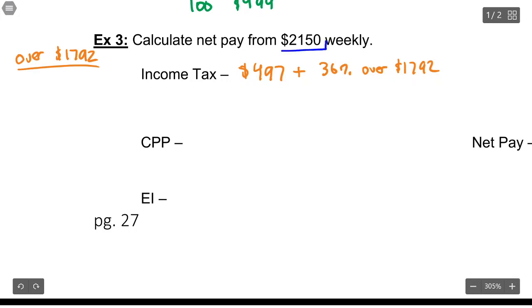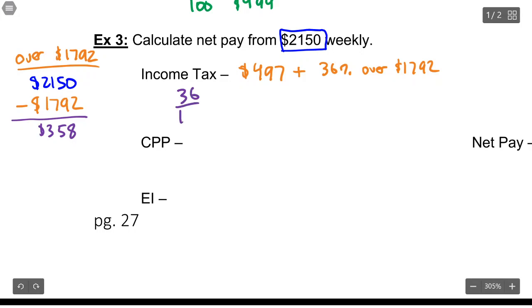We're going to take our gross, $21.50, subtract the $17.92, and we get that our income that we are into the third bracket is $358. So we need to do 36% of the $358 we are into the bracket, and that gives us our tax.